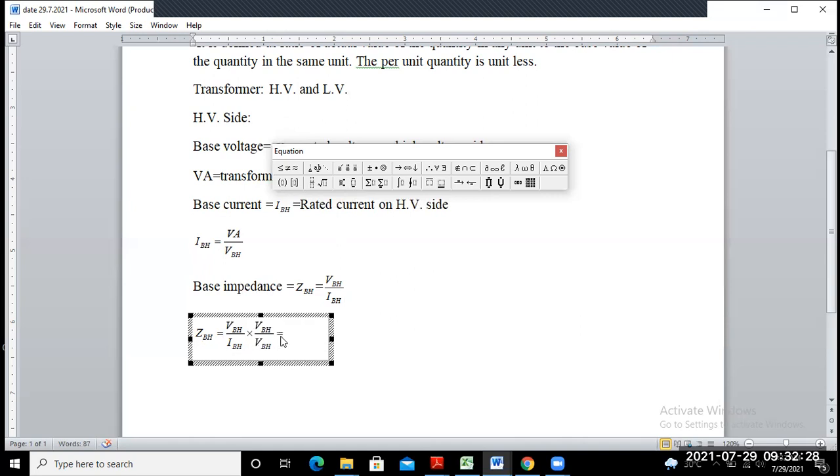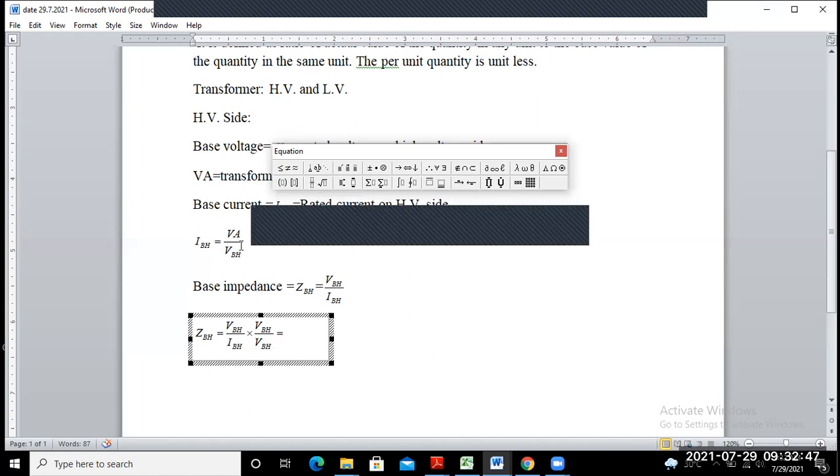This one can be written as the rated voltage of the high voltage side whole square, voltage into voltage. And VBH into IBH equals how much? It equals the rated volt ampere of the transformer, is it not? From this equation, the rated volt ampere of the transformer.